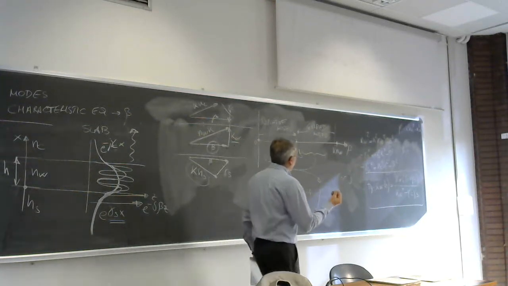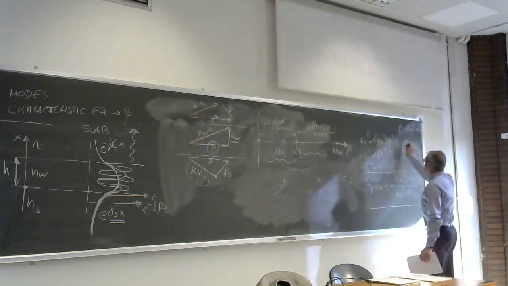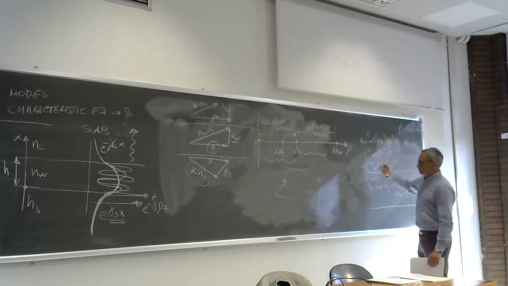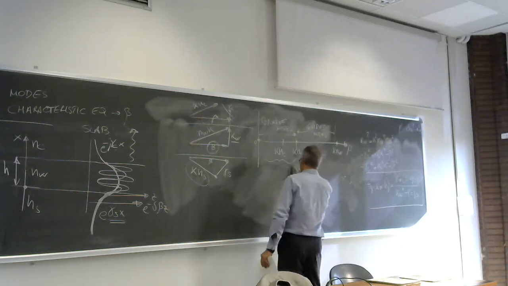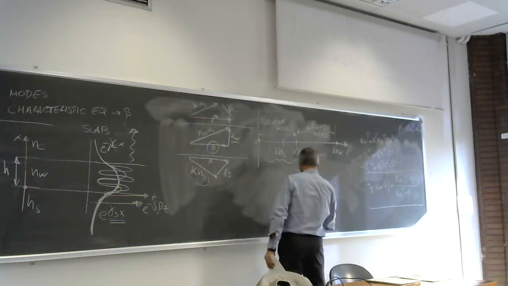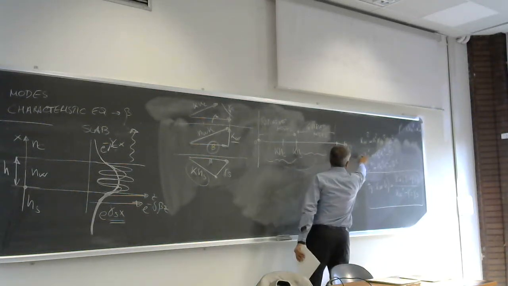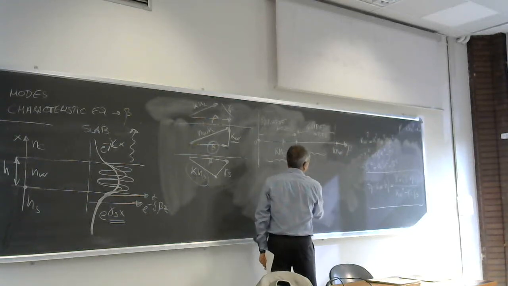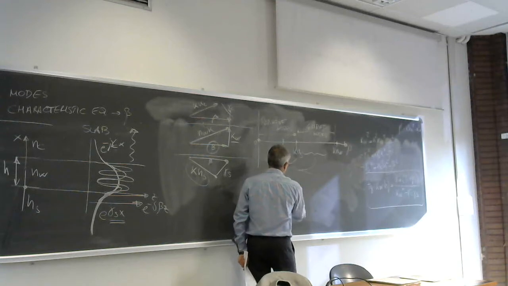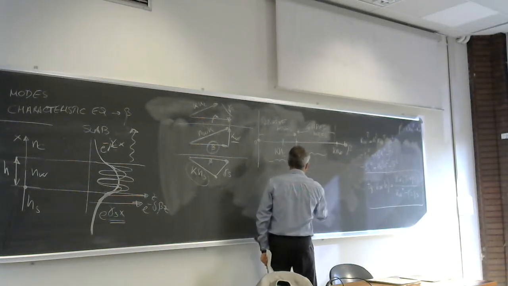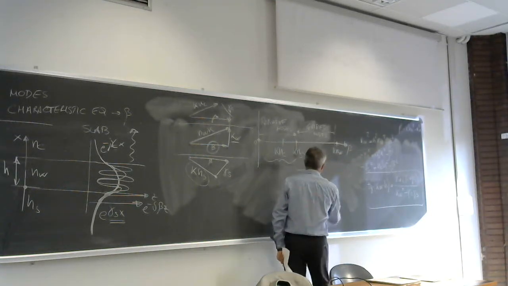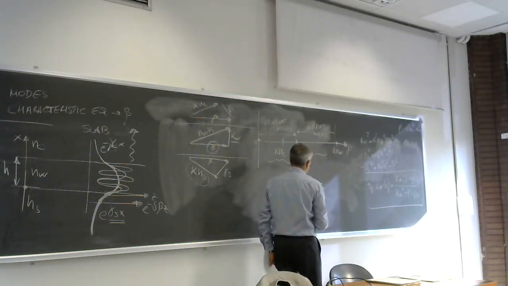There is a point when beta... look at this relation, for example. When gamma s is equal to 0, we have 0 equal to n_s k squared minus beta squared.